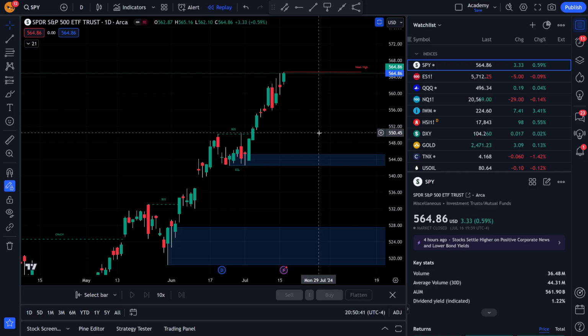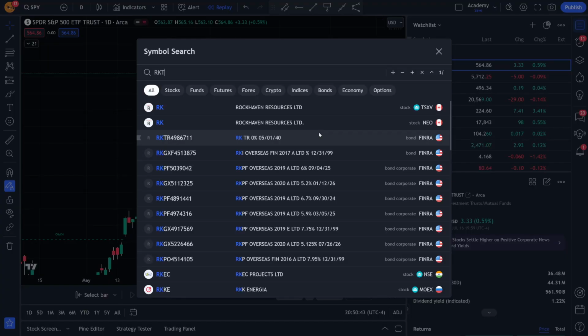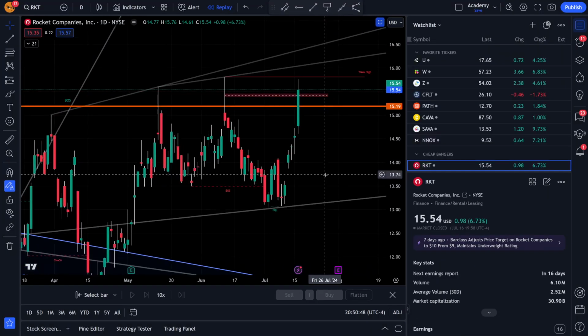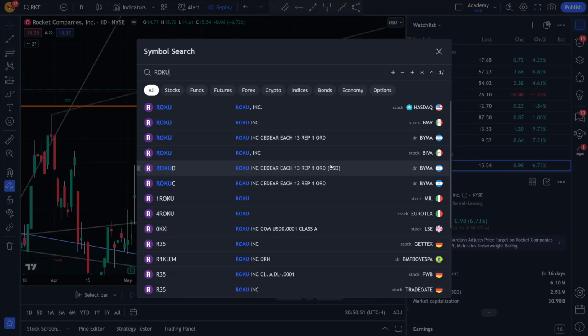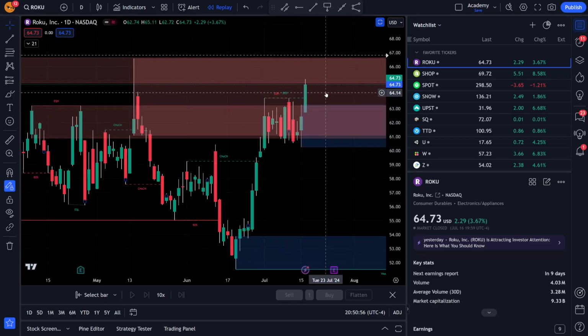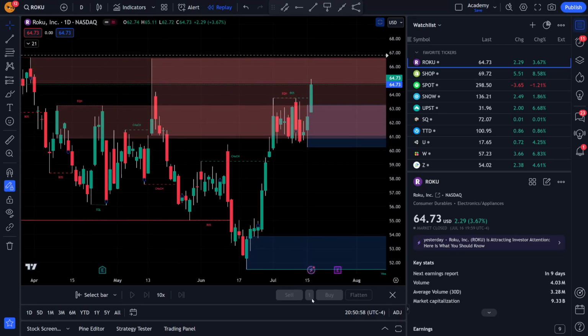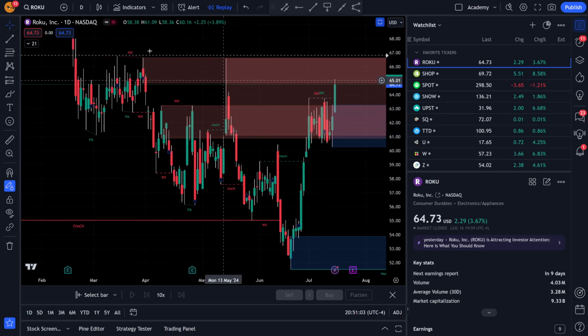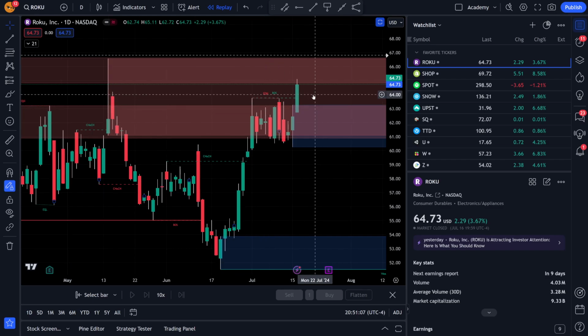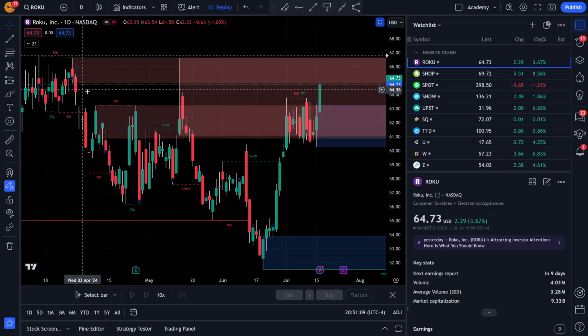Oh my god, it's the best thing, right? Because in a way, a lot of things went crazy with understanding that. Like Roku, look at Roku. Ignore all of this red and blue. I mean, you don't ignore it, right? But sometimes it can definitely populate the chart a bit too much, more than I would want it, because it still is important, because this is just showing you that these are resistance areas.